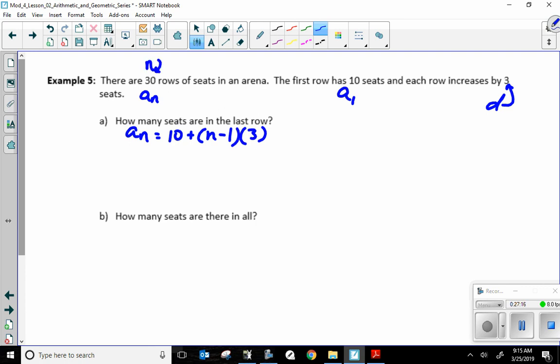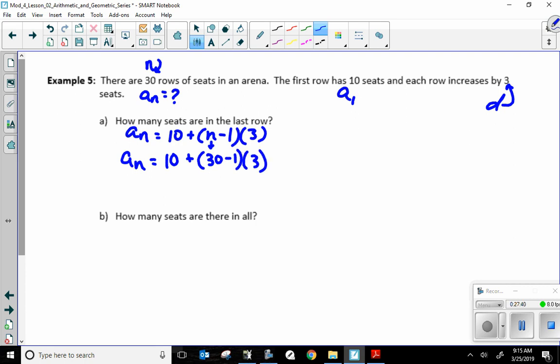So how many seats would there be? 10 plus 30, the last element, minus 1, times 3.